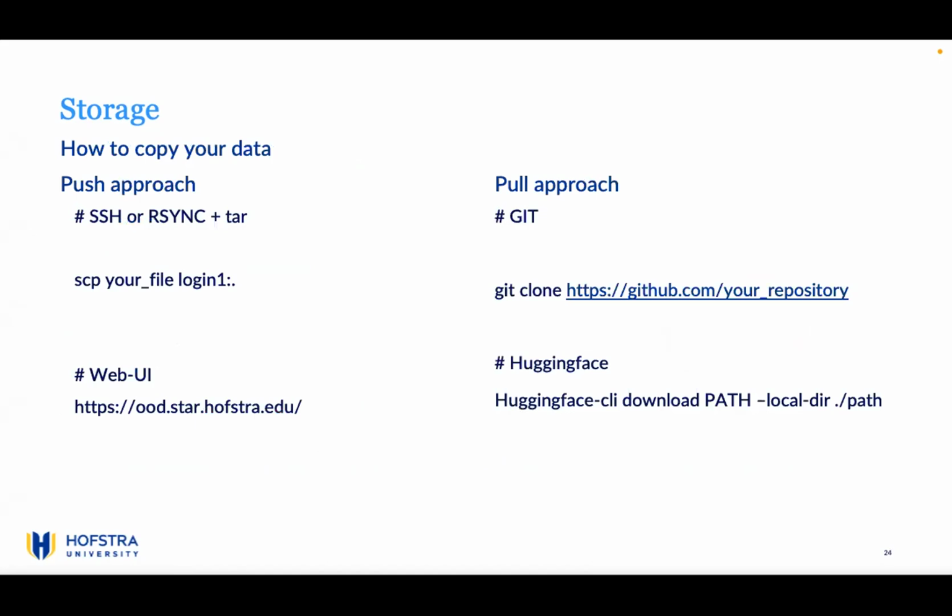Okay, how can we bring data onto the cluster? There are two ways to do that: a push approach and a pull approach. The push approach means we copy data from, for example, our laptop to the login nodes. We can use SSH or SCP or rsync.